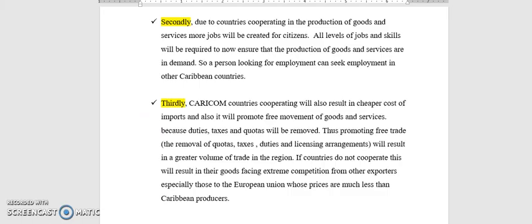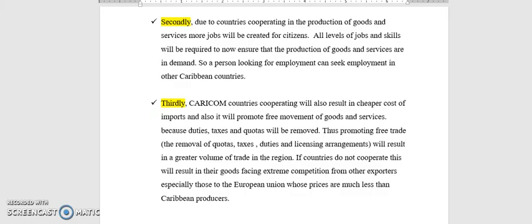And when we talk about free movement, we're also referring to the term free trade, in which quotas, taxes, duties, and licensing arrangements are removed when you export and import goods within the region, right? So free trade will also result in a greater volume of trade taking place, right?